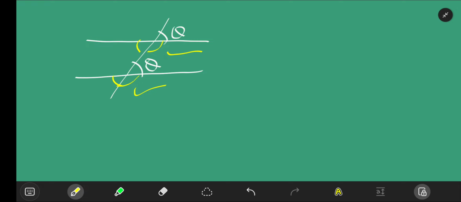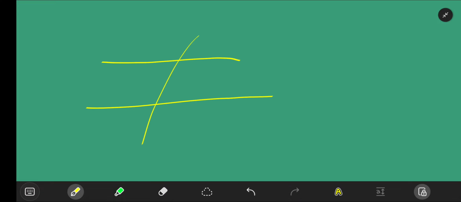At the place of corresponding, alternate angles also. This angle is equal to this, as I have said, and this angle here also forms a Z, like this angle is equal to this angle.